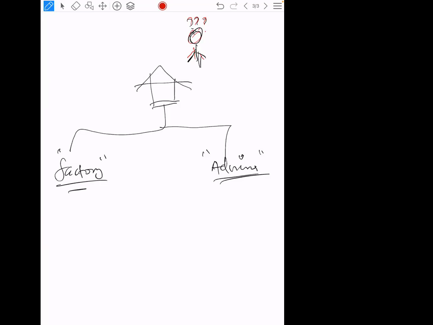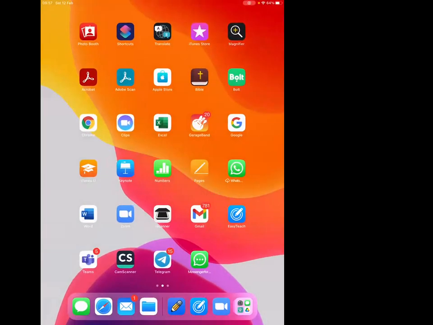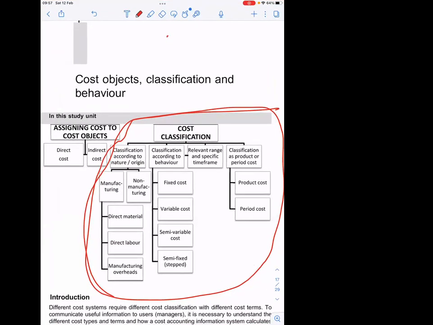Now, these costs that are clouding the management accountant's mind can be classified. So that then takes us to classification of costs. We are looking at the costs for the business. How do we classify them? They can be grouped. Now, if you look at your tutorial later, they tell you how we classify them.